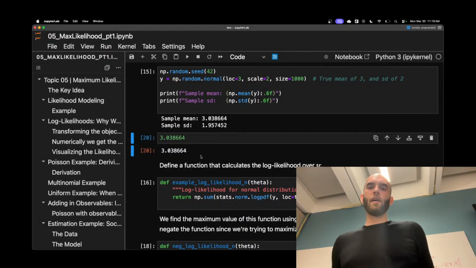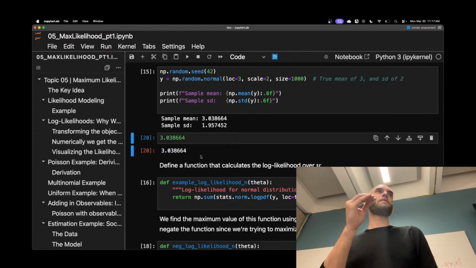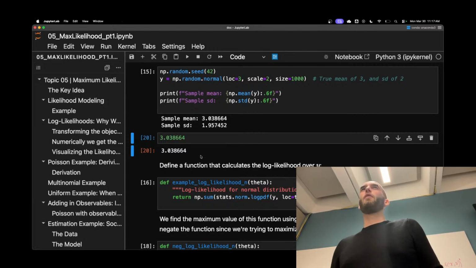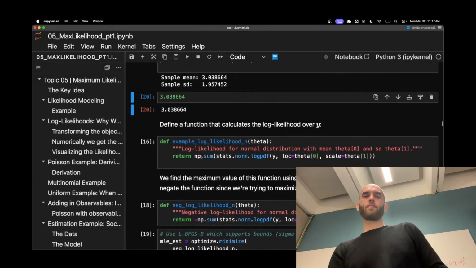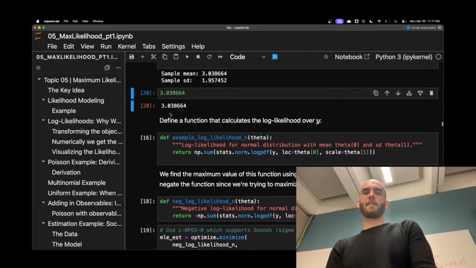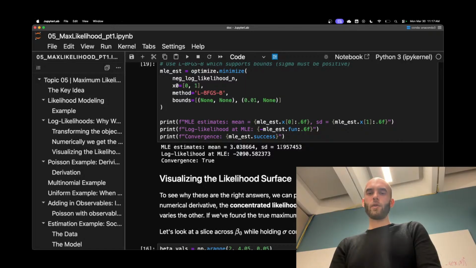So in this very simple case where all we're trying to estimate is the mean, we get exactly the mean through this process. In terms of compelling results, this is not one of them. But what this is doing is confirming that the model we've constructed, where we've defined a likelihood function, taken the log of it, and minimized its negative, gives us the average. We can also look at the standard deviation.